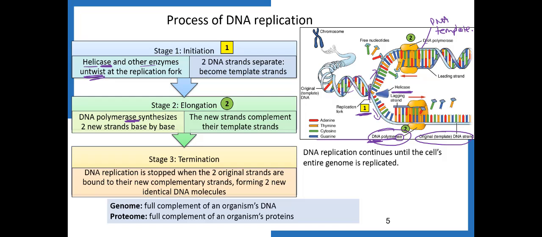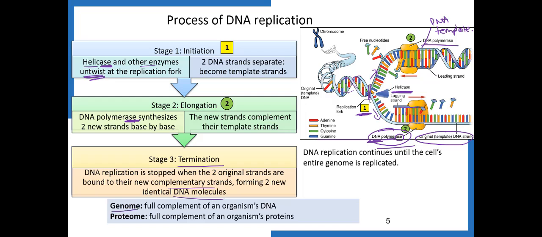So what happens is the DNA polymerase here and here forms two new strands of DNA against the two original template strands, so that you've got complementary strands, and you've got two separate DNA double helixes being formed, right? And then at some stage, you've got termination, the end. So it stops when the two original strands are bound to the new complementary strand, and when you've got two new identical DNA molecules being formed, right?